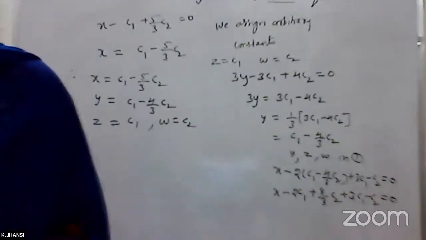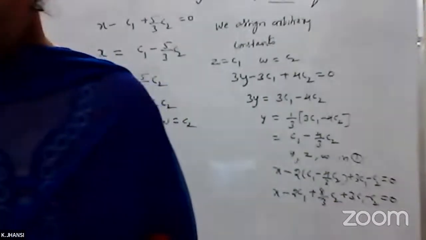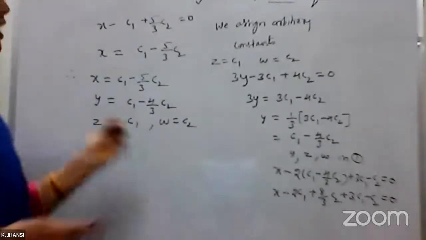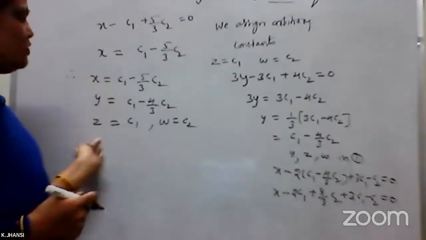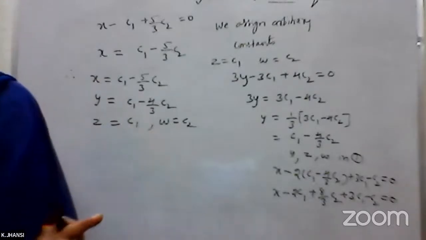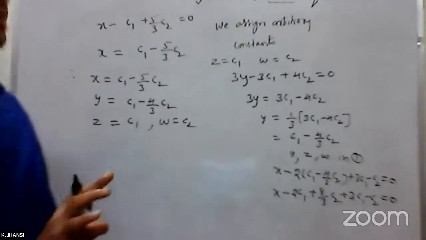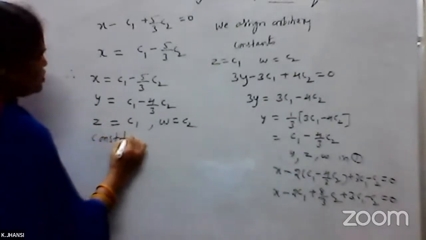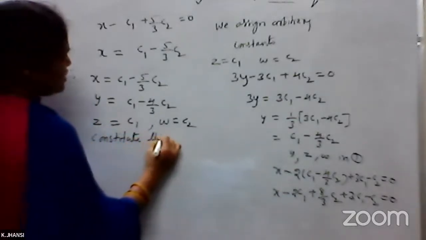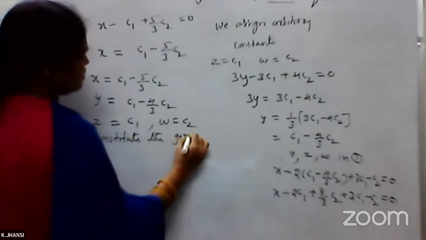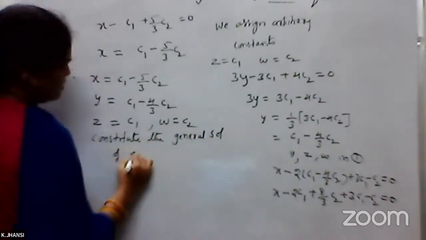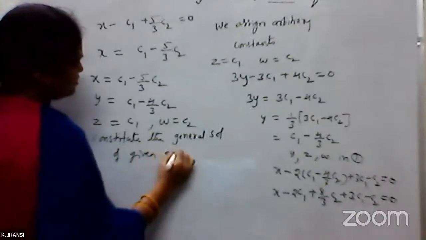Whatever steps there are, you see in your textbook and write all those steps. Here we have to write that the x, y, z and w values constitute the general solution of the given system of equations.